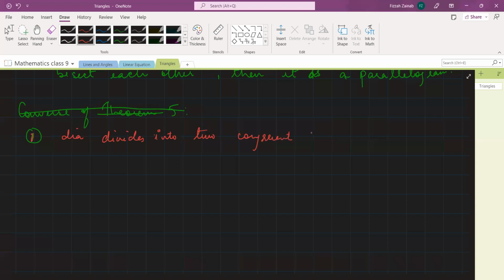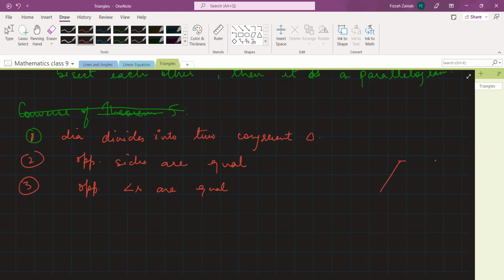You have already written that, right? The second property we have discussed, opposite sides are equal. Is that correct? Right? And the third one, opposite angles are also equal. So in any parallelogram, opposite angles are also always equal.